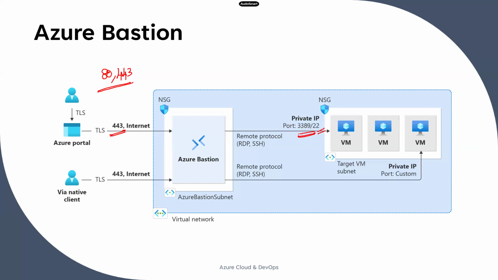But the company says we can't give you 3389. In that case, we can use Azure Bastion, so that we can access the servers using the Chrome tab that we have. That kind of request we make.